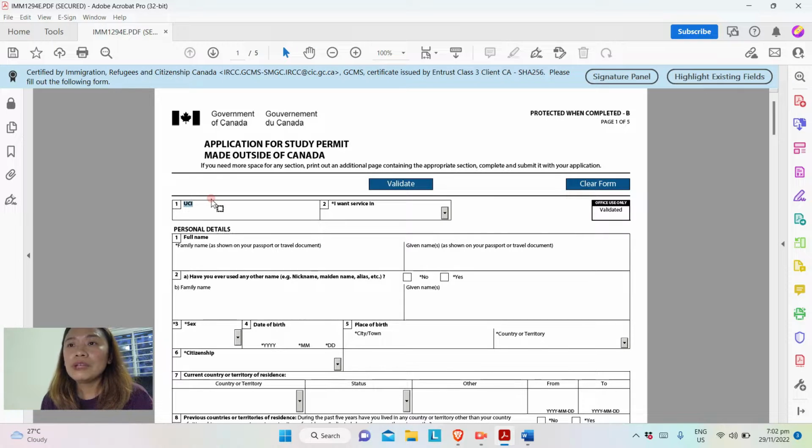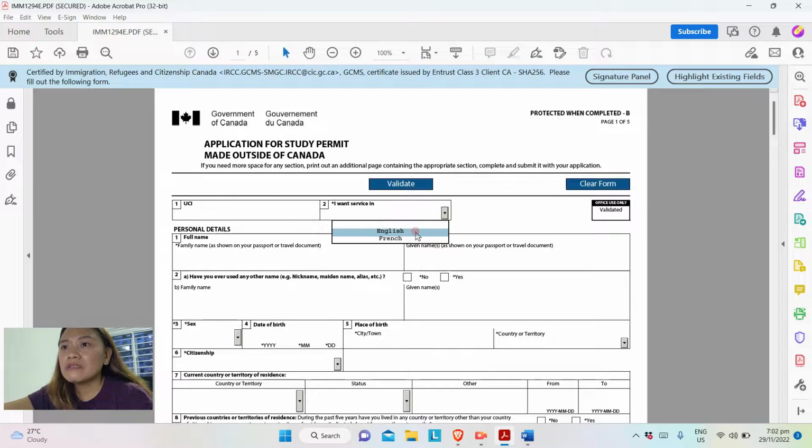You can find it in your GCK account, or in all the documents that IRCC gives you. Your UCI is just like your SSS number in the Philippines. You will be assigned a number. So again, for a first application, leave it blank, but if you already have a UCI from a previous application, then write it down.